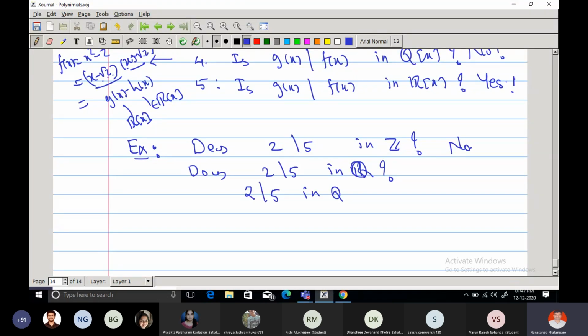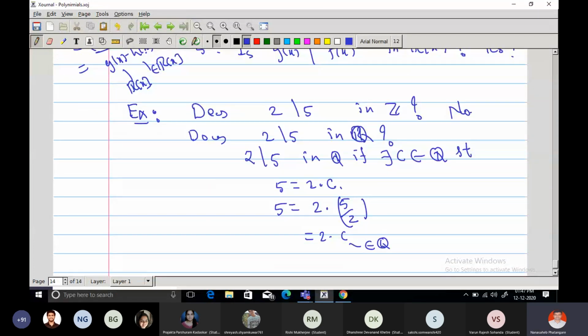Is it possible to write 5 as 2 times some element of Q? Yes, 2 into 5 by 2, and this c is in Q. So 2 does not divide 5 in integers, but 2 divides 5 in rationals.